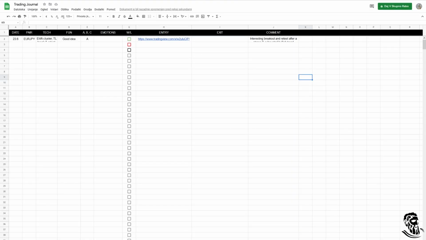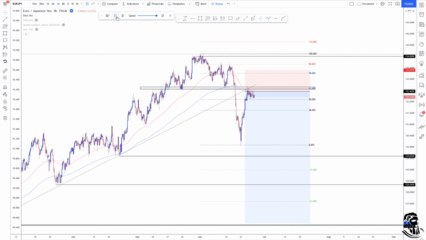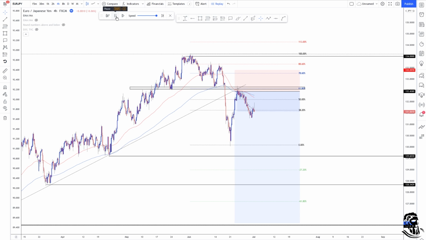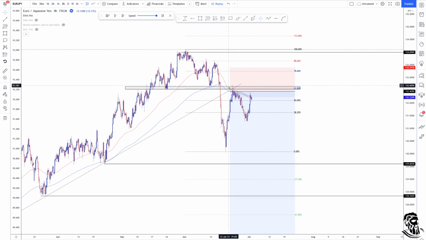All right, so now we need to manage the trade and put on our exit and see if this is going to be a winning or a losing trade. So let's see what happens here. All right, so one thing that I can do here, as you can see, this is a push, so price retested right here, broke down, went back up.